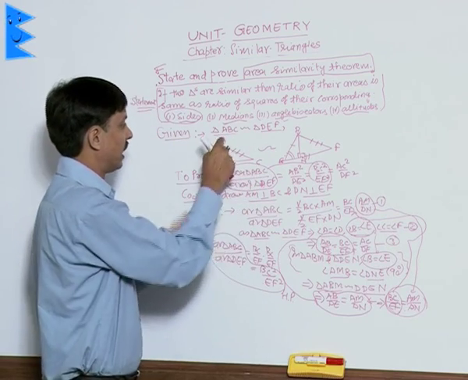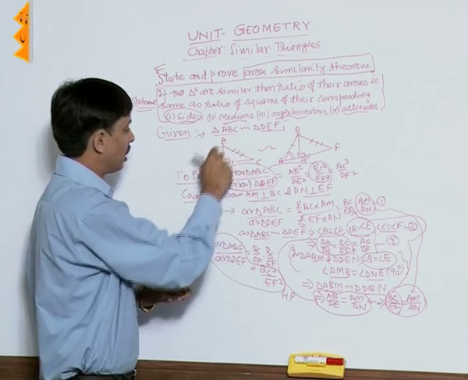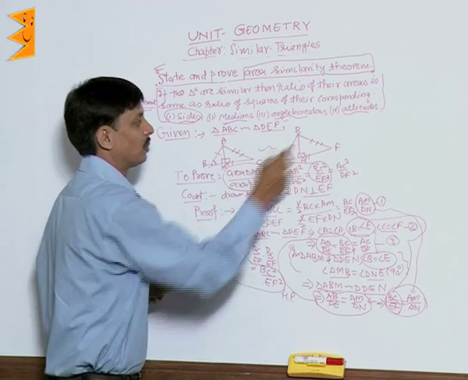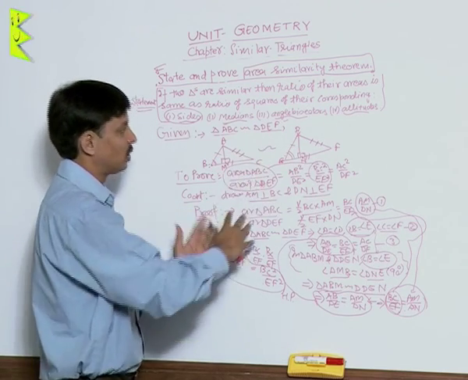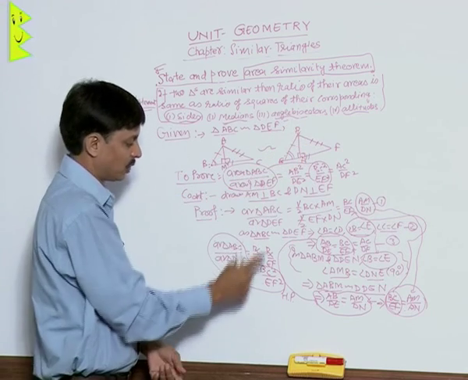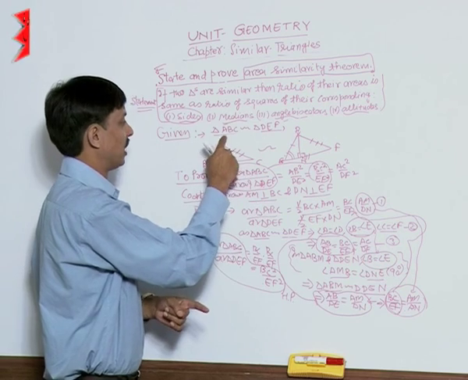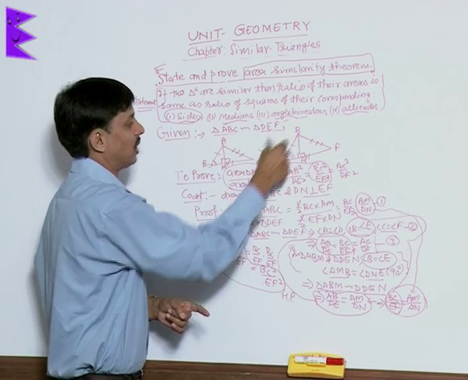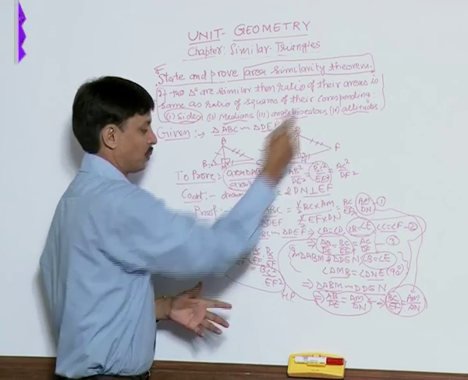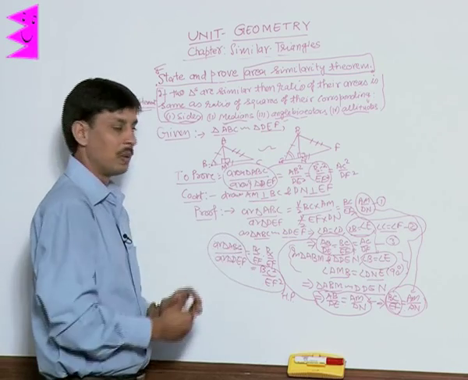We also note that in two similar triangles, the ratio of the sides is the same as the ratio of the corresponding angle bisectors. This can be proved with the same help here. And we also know that the ratio of sides in two similar triangles is the same as the ratio of the corresponding altitudes, so that can also be proved.